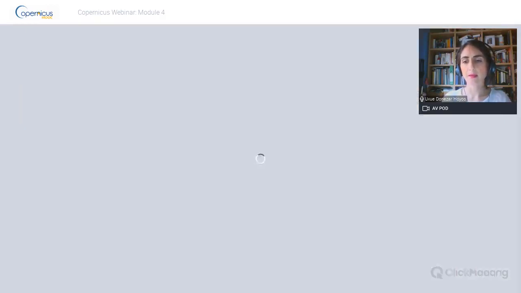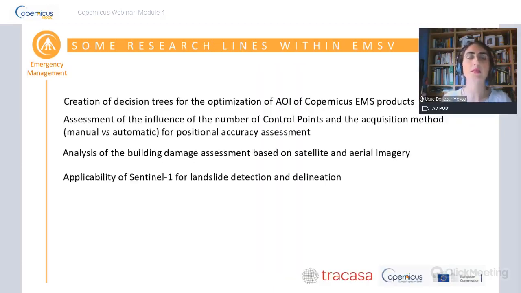And now, just to finish, some research lines within our validation service. As I said before, we are also committed to proposing improvements and other data sources or other techniques that could be applied in the Copernicus EMS mapping component.